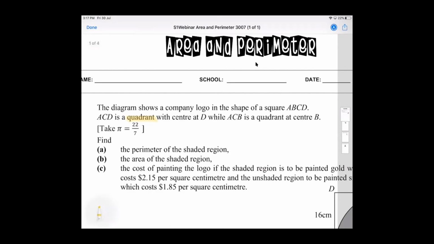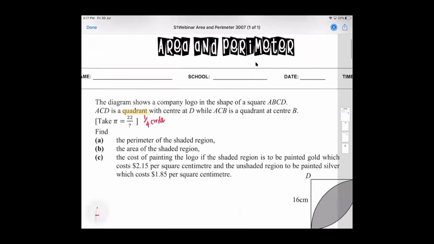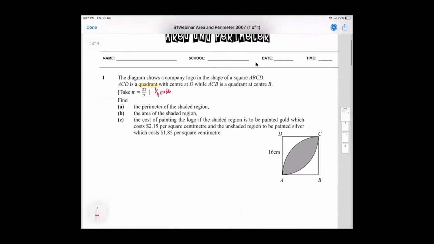So a quadrant means a quarter of a circle, with center at D. This is ACD, let me highlight for you. While ACB is another quadrant, with center at B.